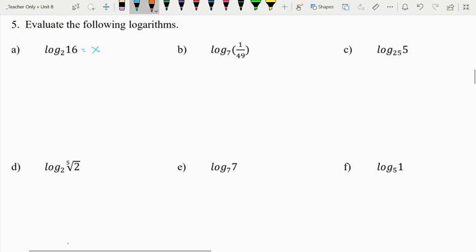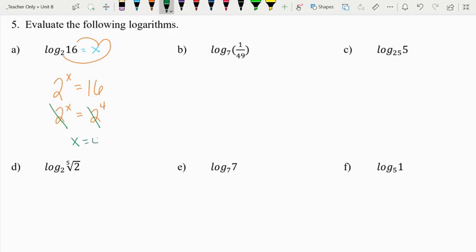If we use the heart method, we would get 2 to the x equals 16. So then we think, all right, 2 to what power is 16? Well, that would be 4. We have 2 to the x, so we need base 2 for 16. Well, 2 to the 4th is 16. So we would drop the base and x would be 4. Okay, and that's what we did in 8-2.